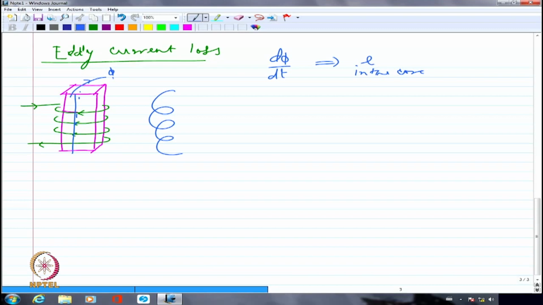So if I have essentially a solid core which is wound with a coil and then you are passing an alternating current through that, you are going to have currents induced in the core itself, which is generally known as the eddy current. And that eddy current is going to cause a huge amount of I square R losses in the core. So this is known as the eddy current loss.